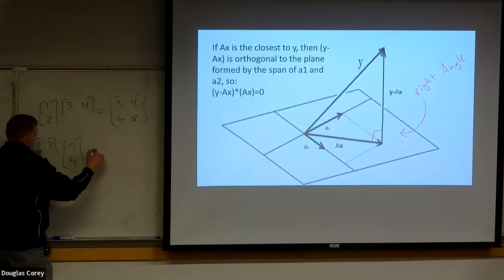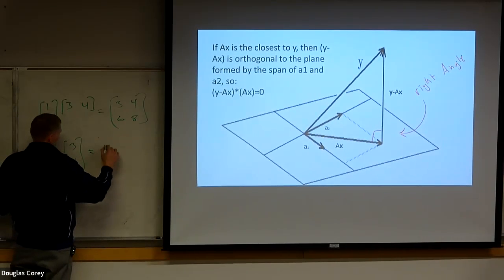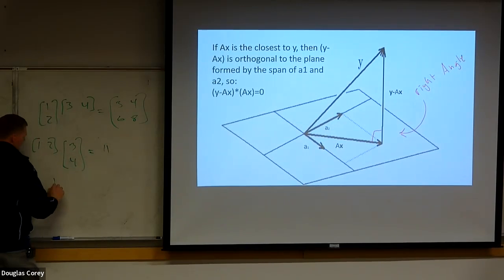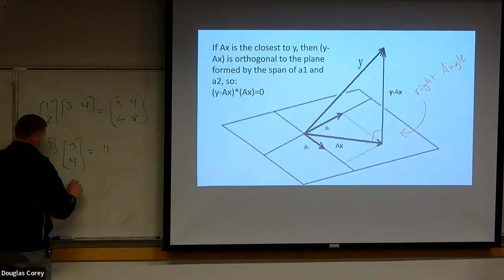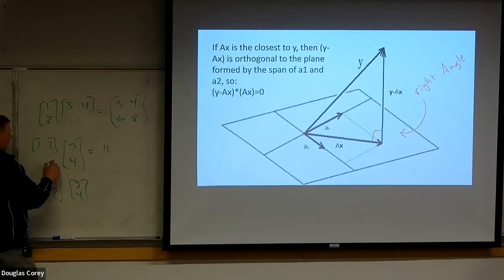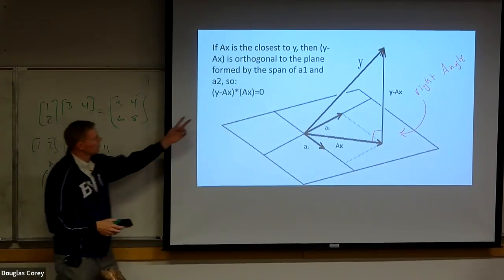This gets me 1 times 3 plus 2 times 4, which is 11. So this is the same as the dot product of 1 2 and 3 4. So I want to transpose this first one to get that. I could rewrite that as this transpose, and that's the same as the dot product. You're transposing this first one.